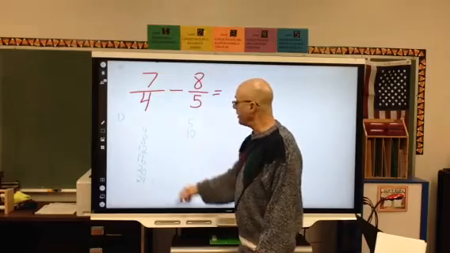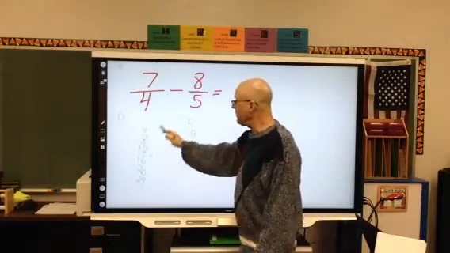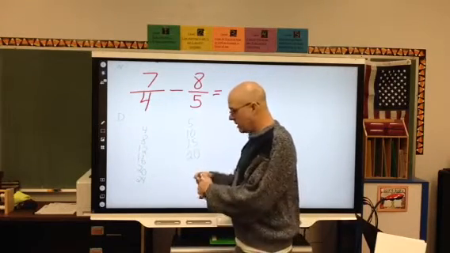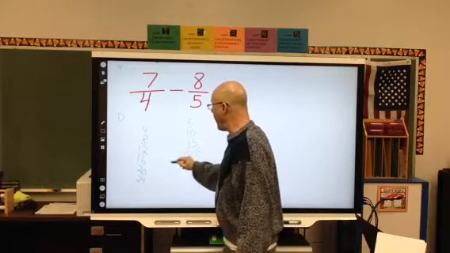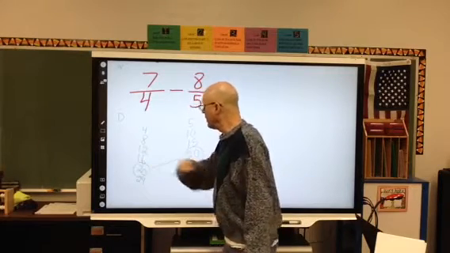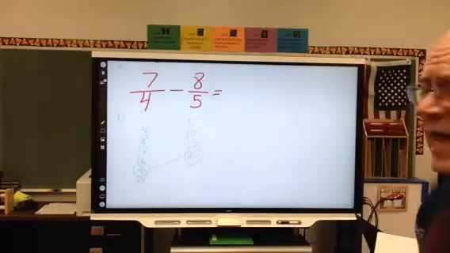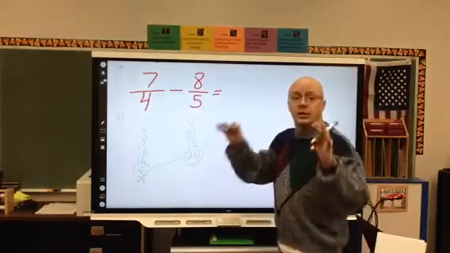No, there's no 10 over here. 5 times 3 is 15. There's no 15. 5 times 4 is 20. So here we've got multiples that match. 20. So we're going to make a new problem, and our denominators are going to be 20.